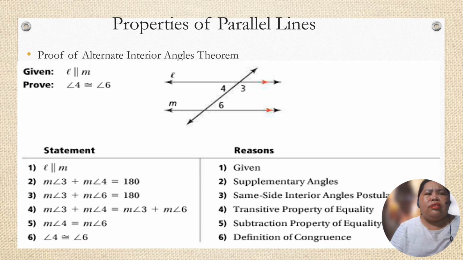And measure of angle 3 plus measure of angle 6 is 180, of course, that is the same side interior angles postulate. Measure of angle 3 plus measure of angle 4 is equal to measure of angle 3 plus measure of angle 6. That is the transitive property of equality. And measure of angle 4 is equal to measure of angle 6, that's the subtraction property of equality, of course. Therefore, we could say that angle 4 is congruent to angle 6. That is the definition of congruence.